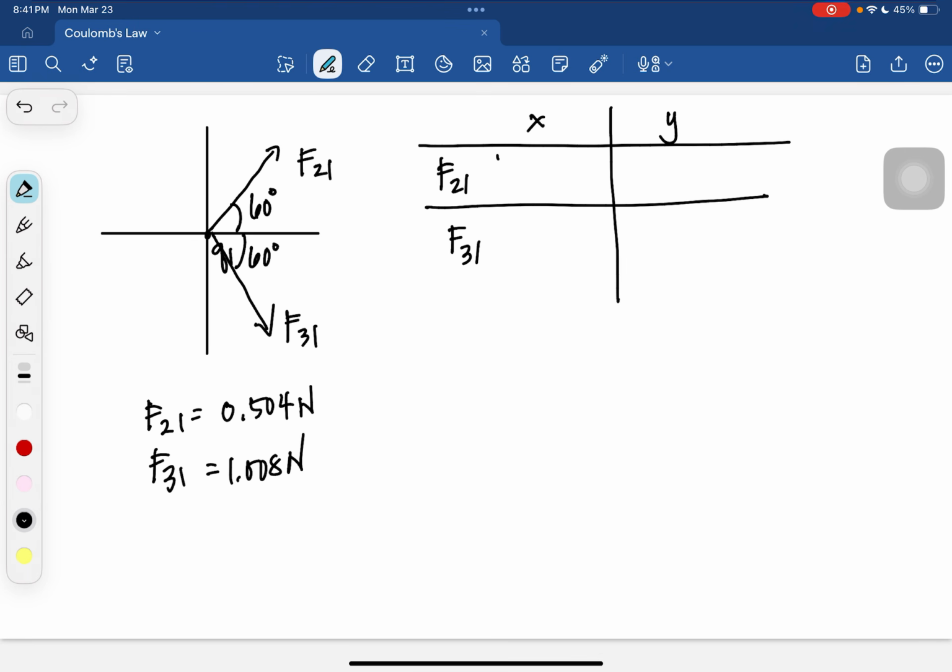So this is now 0.504 cosine 60. And this is 0.504 sine 60. This is 1.008 cosine 300, since that's 270 plus 30. And this is 1.008 sine 300.